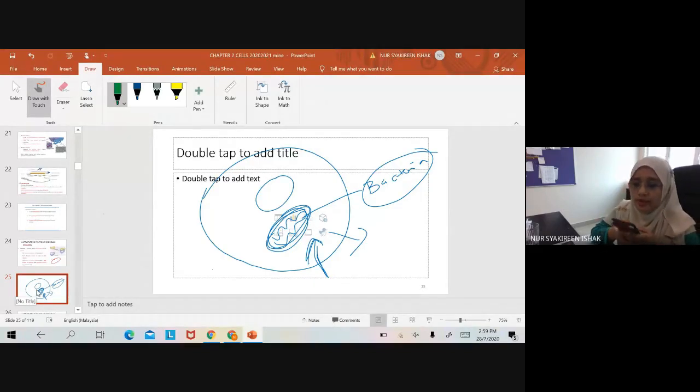Saya nak minta tolong kelas rep S61 dengan S62.